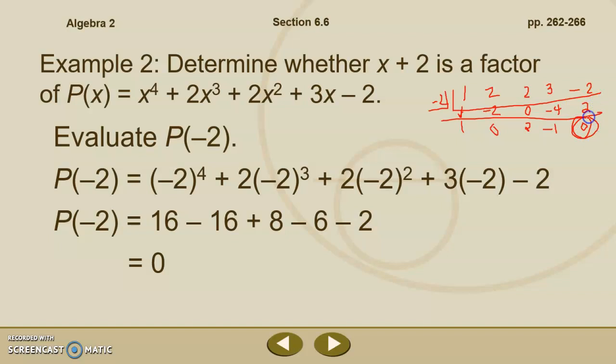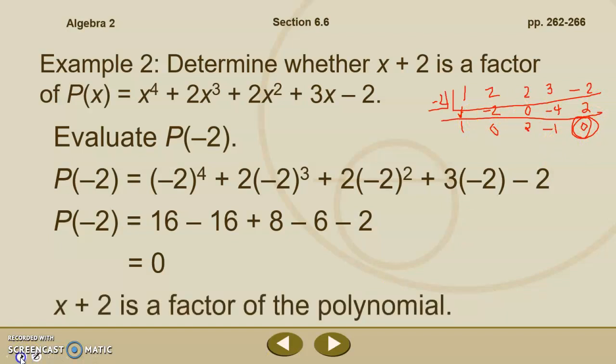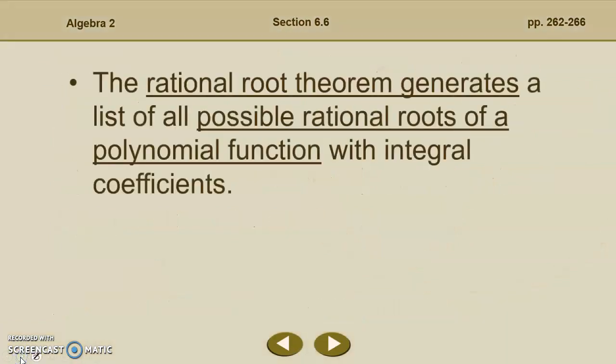All right, we got a 0 there. So if you make a lot of mistakes when you plug and chug and order of operations just messes you up, synthetic division might be the best way for you to go to determine whether something is a factor. x plus 2 is a factor of this polynomial.